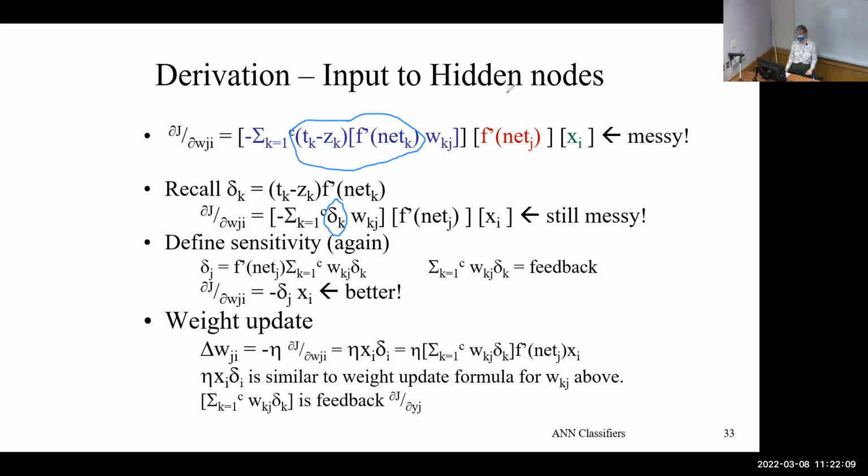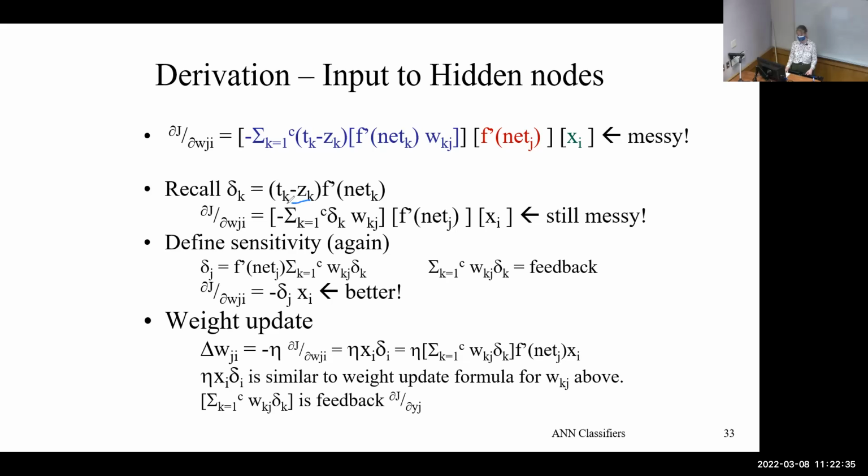It's a little bit cleaner now, but still kind of messy. But we can define a delta J, which looks pretty similar to this. It's got that F derivative. Instead of having our error difference, it's going to have the summation of our output weights and our delta Ks.